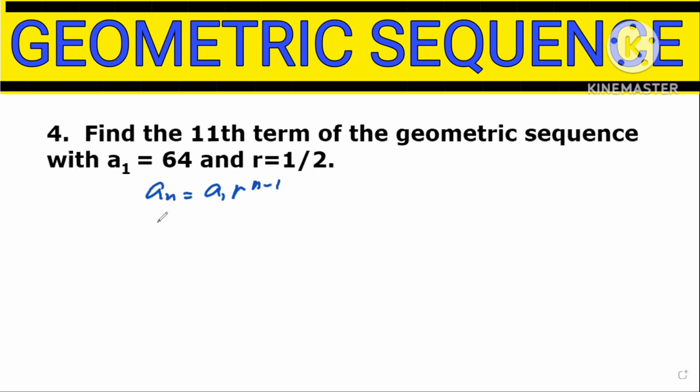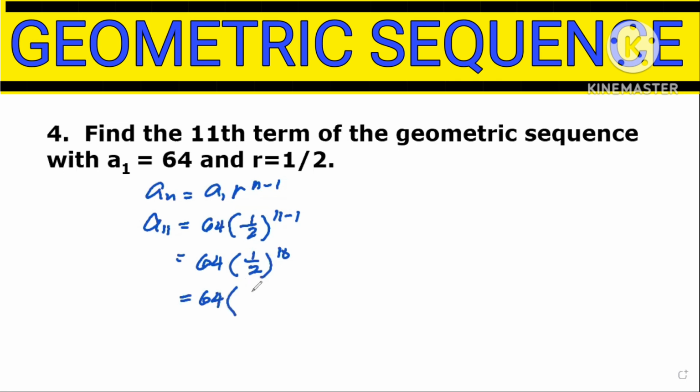Since we're looking for the 11th term, then a sub 11 is equal to a sub 1, which is 64. R is equal to 1/2 to the 11 minus 1. Now, this is equal to 64 times 1/2 raised to 10. So, this is equal to 64. 1/2 raised to 10 is 1 over 1024.